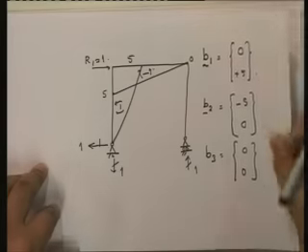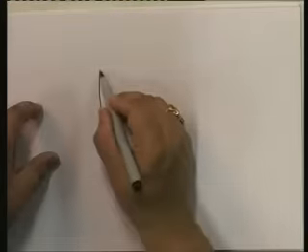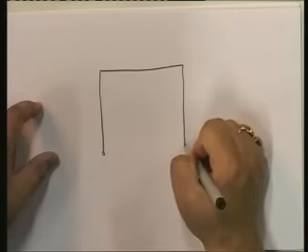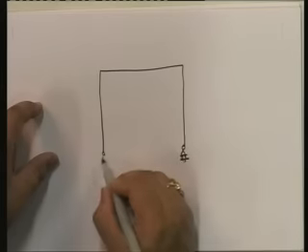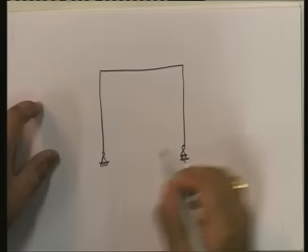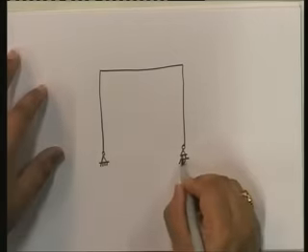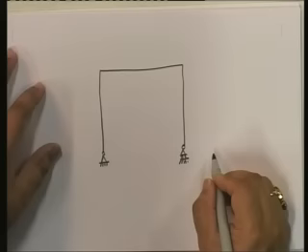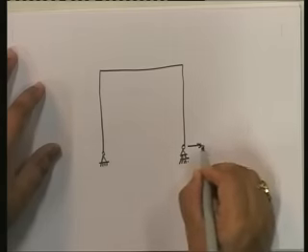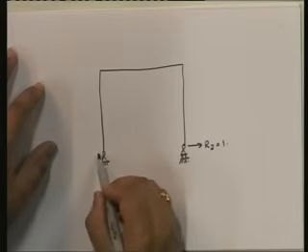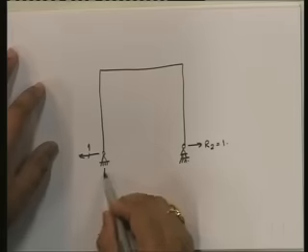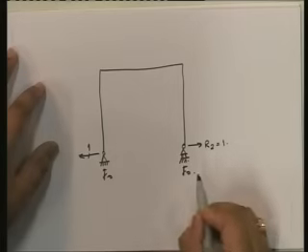Then we are going to put R2 equal to 1. So I am now putting R2 equal to 1. If you look at this, this will give rise to this, and these two are going to be equal to 0.